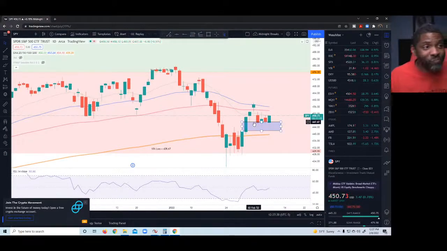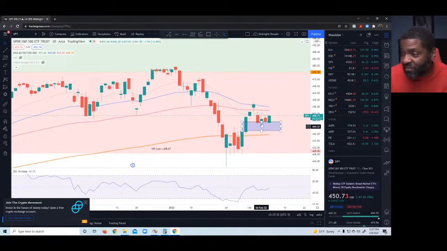I want to see the spot come down to the gap I was looking at and then just go sideways for a while until we get a real catalyst to take off or go down, because we ain't got no real catalyst right now. I don't want no fake take off and stay choppy and all that.